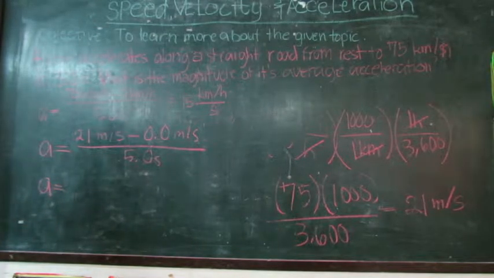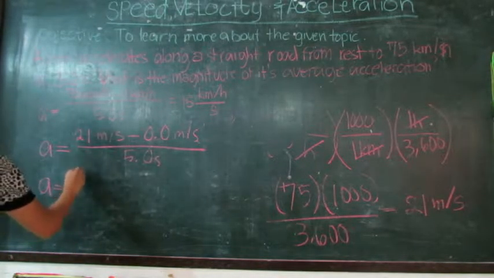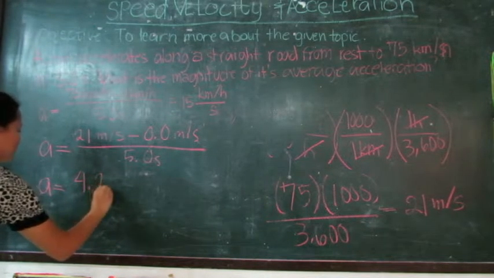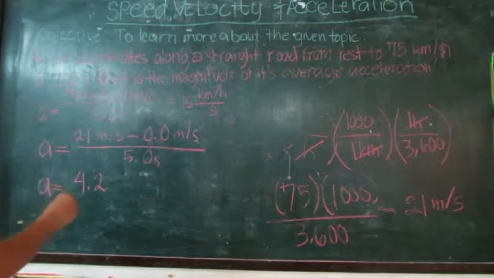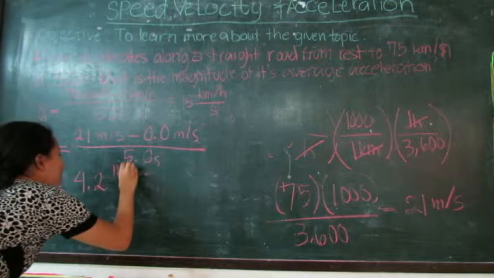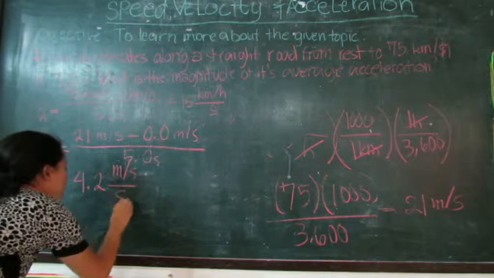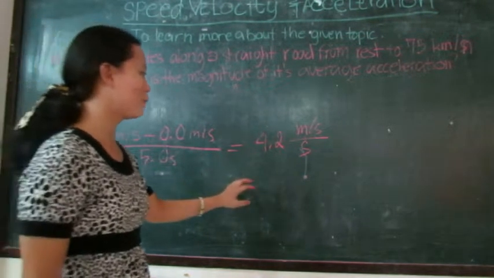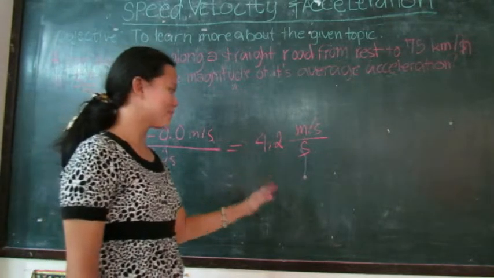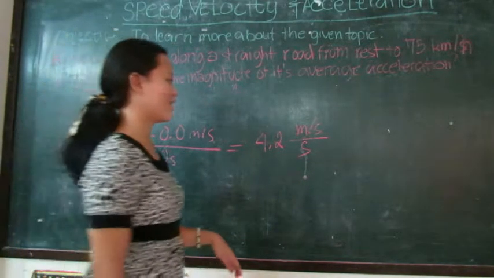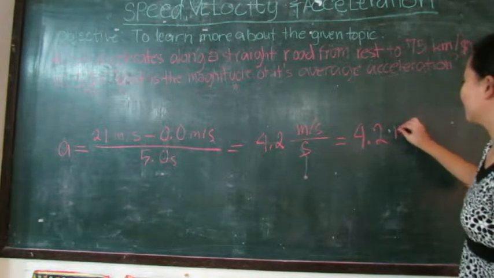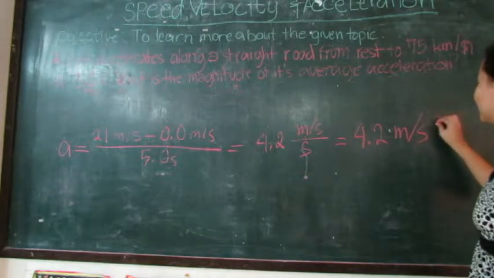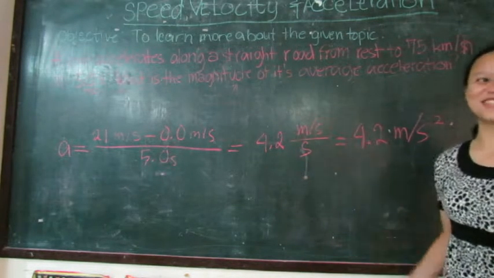A is equal to 4.2. So the answer is 4.2 meters per second over second. So this is also equal to 4.2 m/s squared. So that is how you do it.